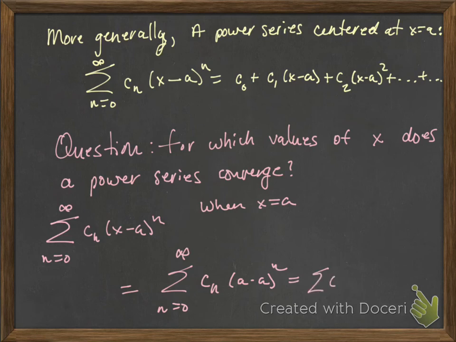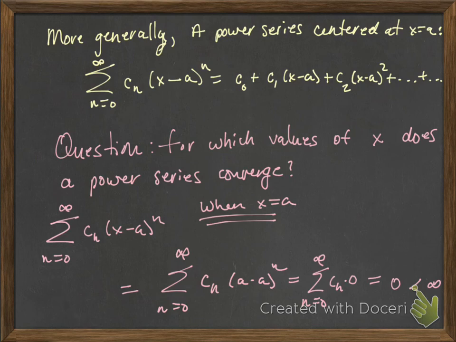Or a sum of a constant times 0, which is just a sum of a bunch of zeros, infinitely many, which is 0. That's a number less than infinity, so our series converges when x is equal to a, and that's for every power series.